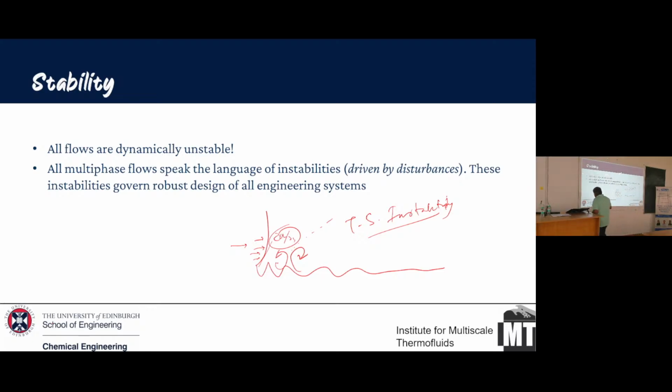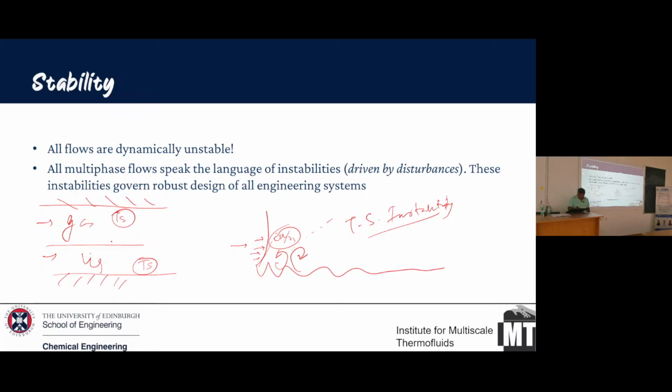Okay? So all flows are subject to instabilities. If you look at any multi-phase flow, basically if you have liquid and gas both flowing in a pipe, the gas will obviously have some sort of Tollmien-Schlichting instability. It will have its own instability. The liquid will have its own Tollmien-Schlichting instability.